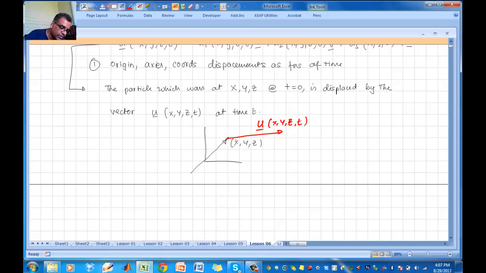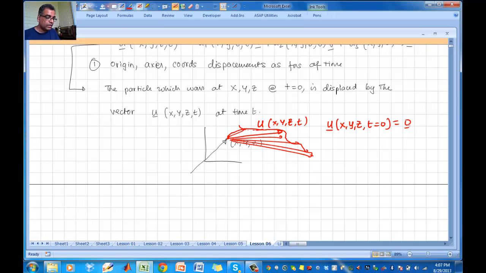And as u changes with time, the particle which starts out here will slowly go out there. And remember, in our definition, u of x, y, z, t equal to 0 must be equal to 0, because at time t equal to 0, the location of the particle is the way in which we are labeling. So you better not have moved at time t equal to 0. Okay, so that's how it works.